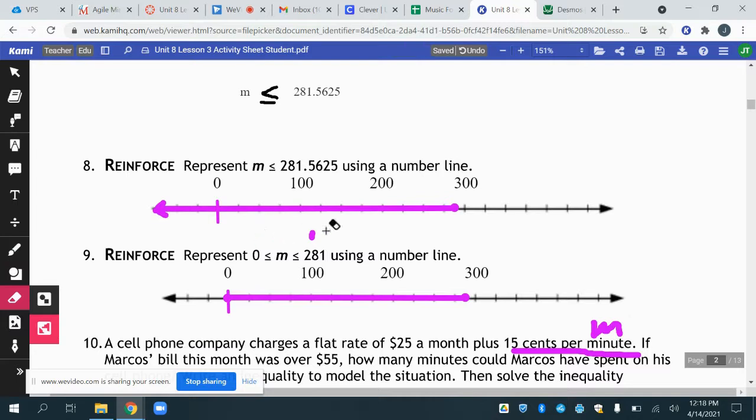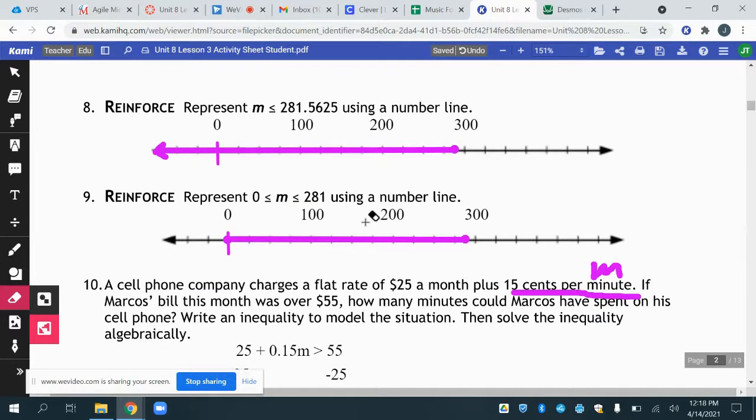Okay, so we've got this. I did this already. It's very important to notice: M is less than this. Remember, we always mark the number, and then we mark M or X or whatever. That's all of the numbers that are less than that number. So 281 is right here, and anything less than it. Now here it says 0 is less than M is less than 281.